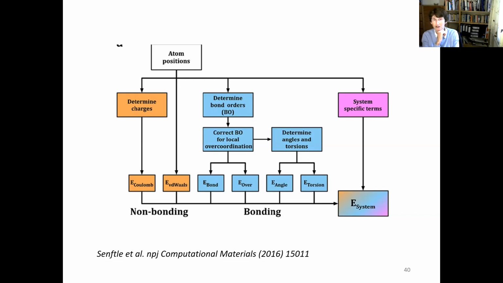We can also calculate straight away the van der Waals interaction because they're just standard. And then we need to work out the bond orders, which we do from the positions, and then correct all the bond energies and angle energies and torsion energy from these bond orders and any other terms we need. And then we've got the total energy of the system for that configuration. Then we move the atoms and do it all again.